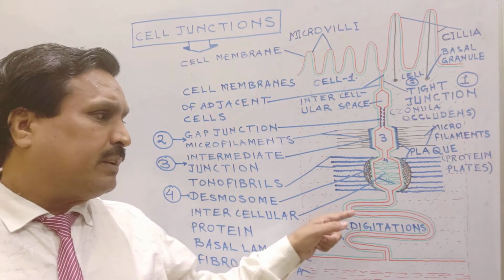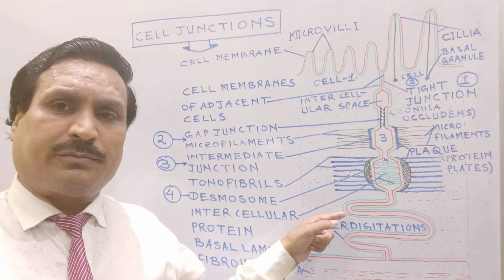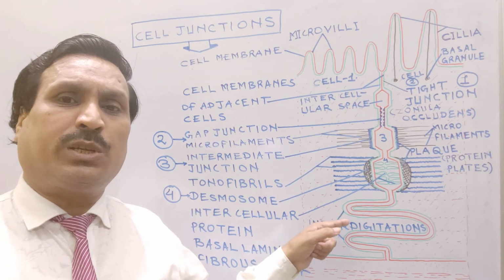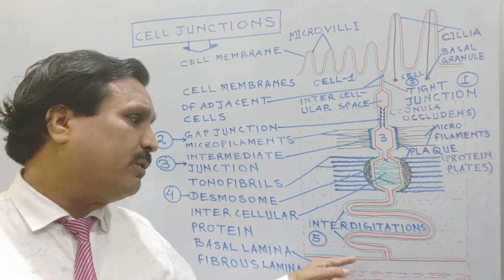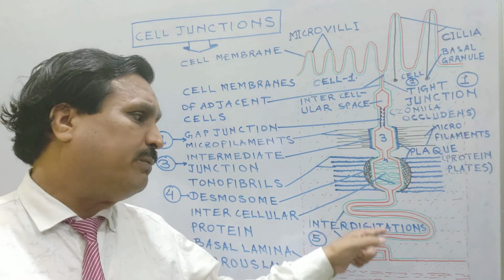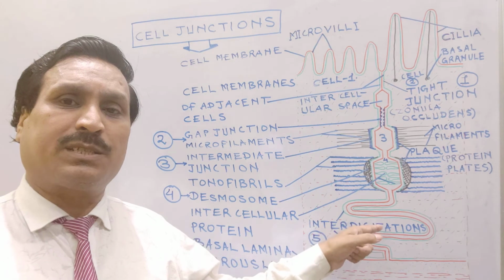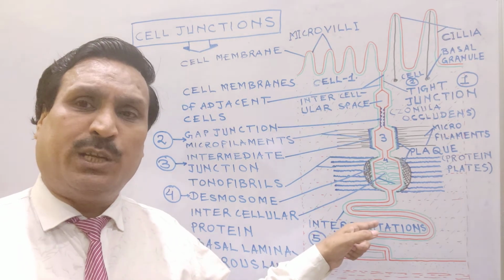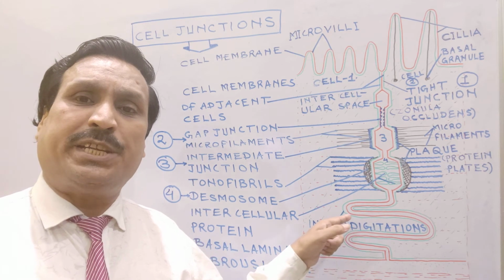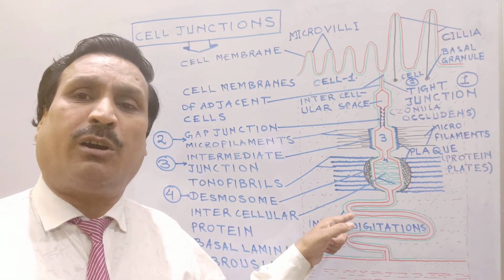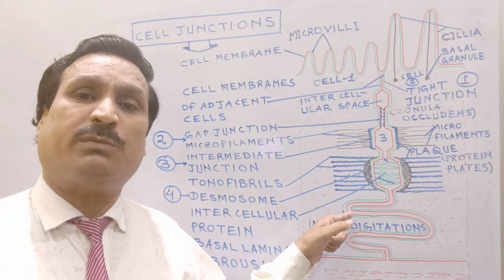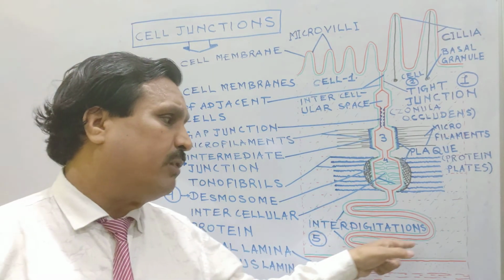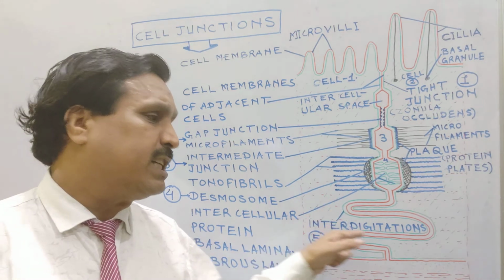Interdigitation is a junction meant for enhancing the total surface area of contact of two adjacent cells, where there is a requirement of increasing the total surface area of attachment of cell membranes of two adjacent cells. Interdigitation type of junction is present.